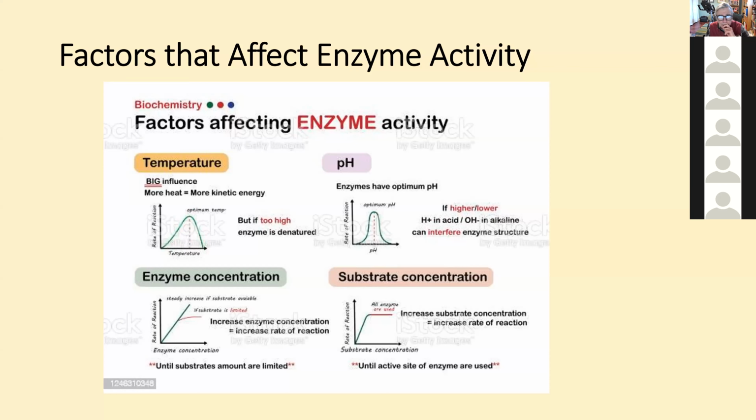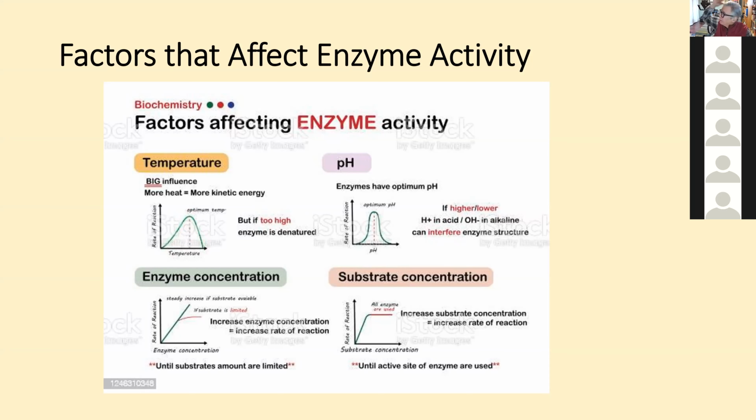Okay, but why did it go down at 60 or 70? Because if you graph products produced in a regular chemical reaction, not an enzymatic reaction, you'll see that the curve of products produced as a function of temperature is a straight line with a positive slope up.